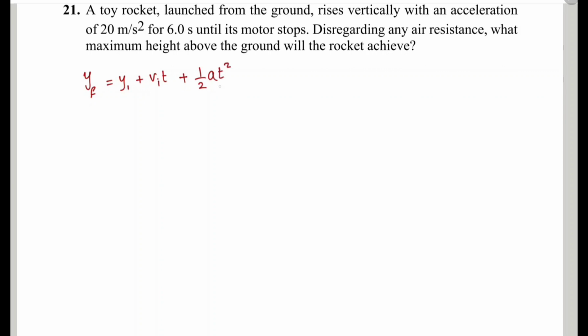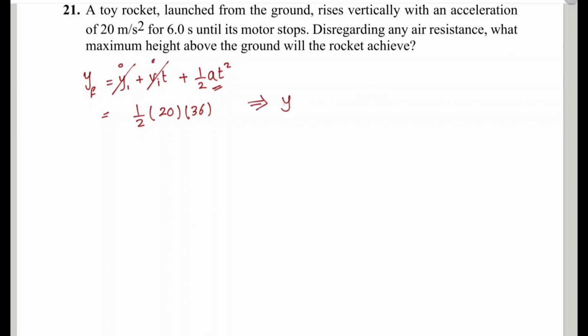Now it's a, it's not g, because it's not a free falling object. Starting from origin and from rest, both will be 0, half the acceleration, it's 20, and the time in this case it's 6 seconds, so 6 squared is 36.